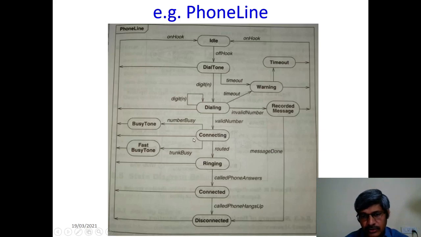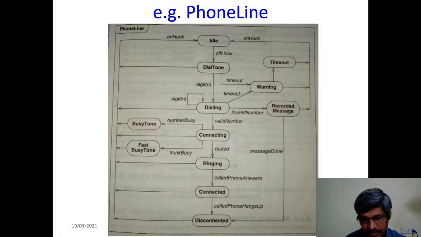Eventually, assume it is a valid number, and it is connecting, and if it is routed, then it will be ringing. First you are trying to connect, and then if it is routed to the other phone, and the other phone is ringing, then you will be listening to the ringing tone, isn't it? So you are in that ringing state.